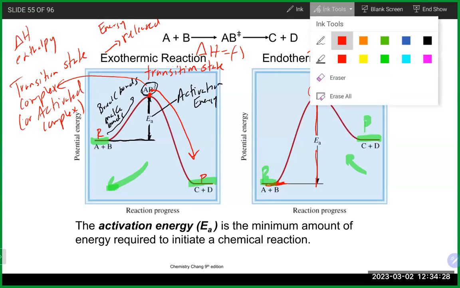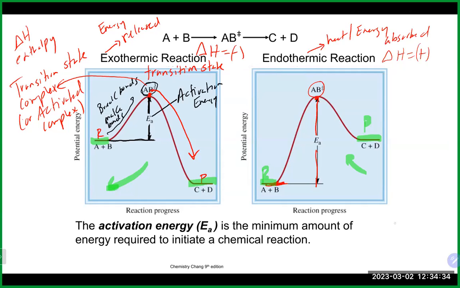If I wanted to calculate the delta H for this reaction, how would I do that from the graph? The delta H is the difference between the products and the reactants. Products minus reactants. So it's the difference in the energy between the products and the reactants.